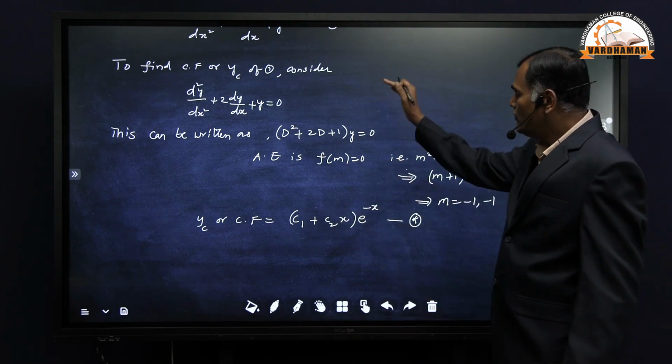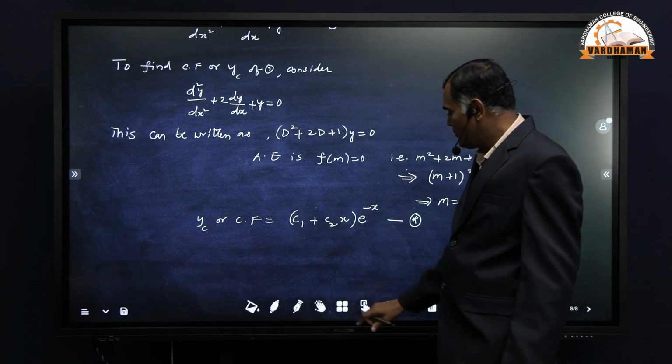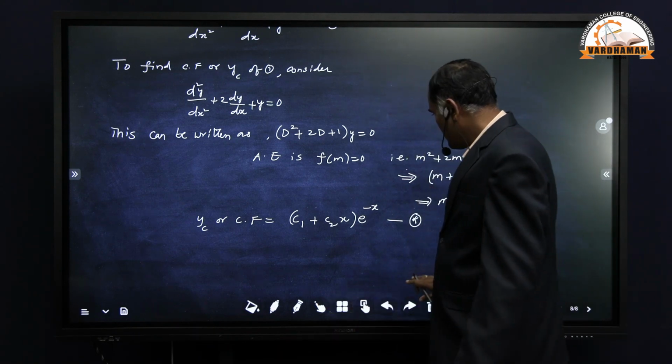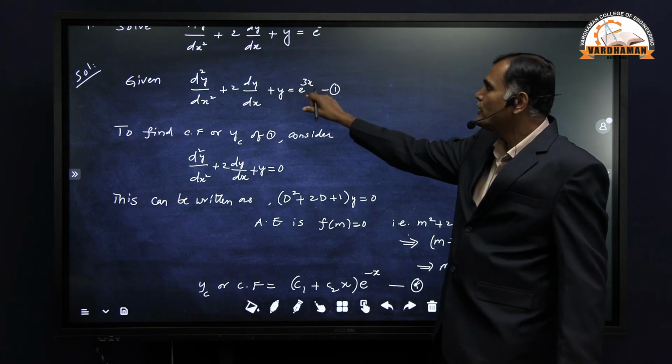Now let us find a particular integral when Q is e power 3x.